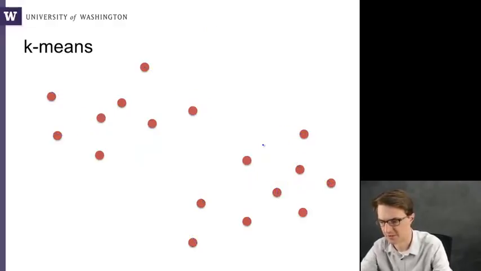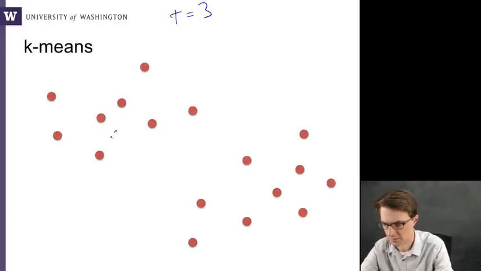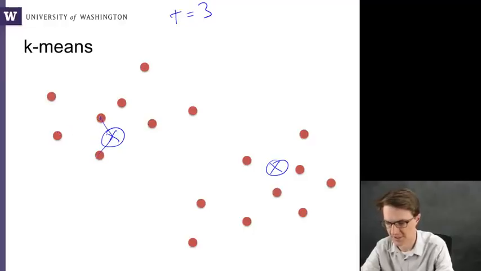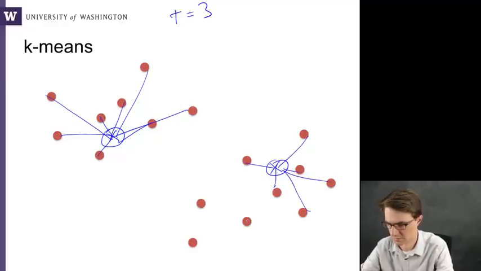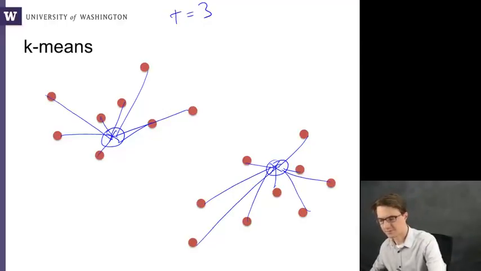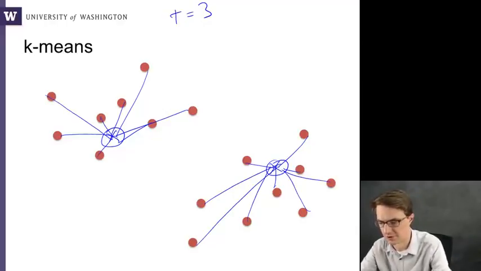And so at time 3, we have a centroid there, and we have this centroid here. And now once again, assign the points to the closest centroid, and recompute the new centroid value.